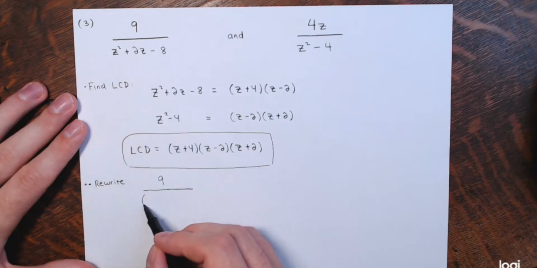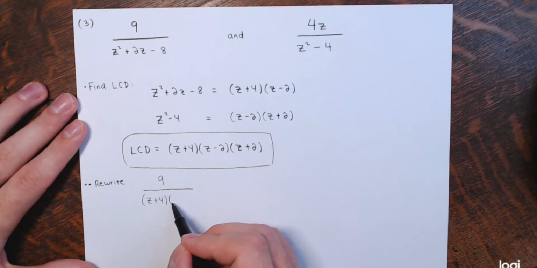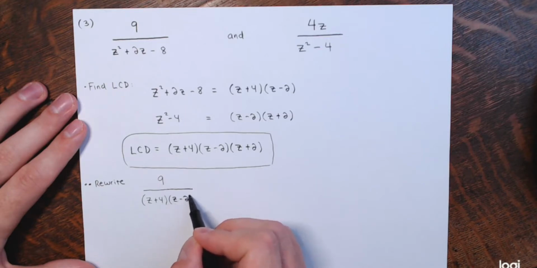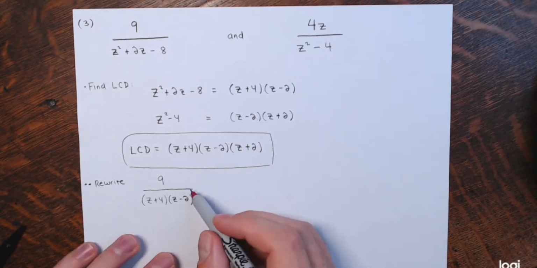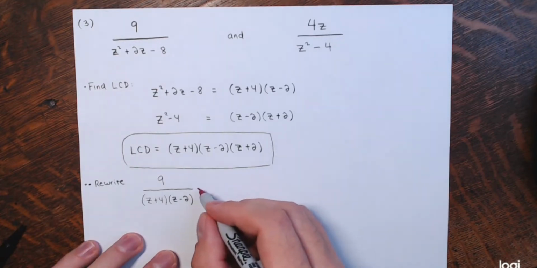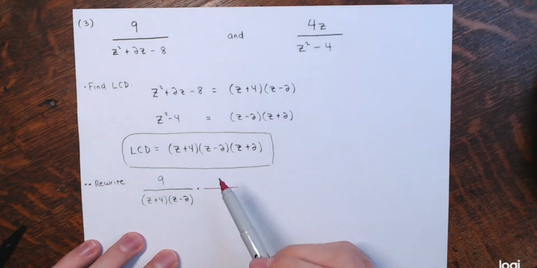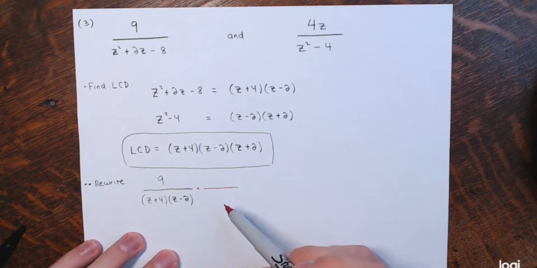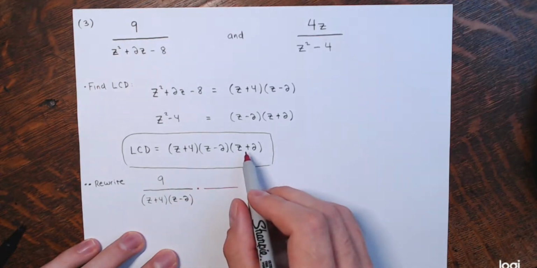When you factor that, right, that's z plus 4 times z minus 2. So what I'm going to do, just like in the first two examples, I want to multiply this fraction by 1. I want to multiply it by an expression where the numerator and denominator are the same. And I want to do it so that the denominator becomes the LCD.